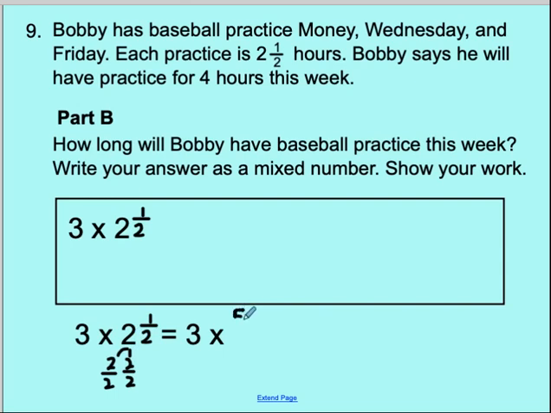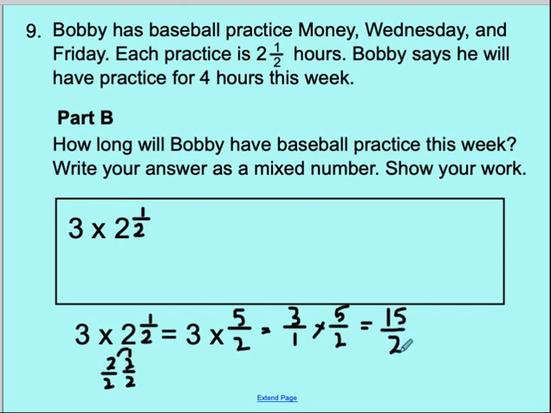So 3 times 5 halves. That's the same thing, right? Okay, so we can put our 3/1 times 5 halves equals 15 halves. Or you could say 15/2, same thing.